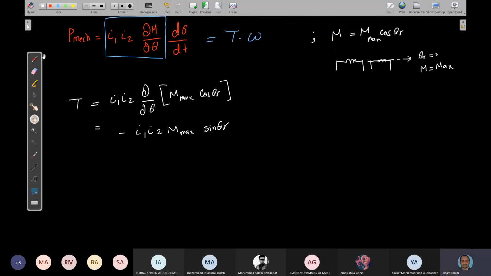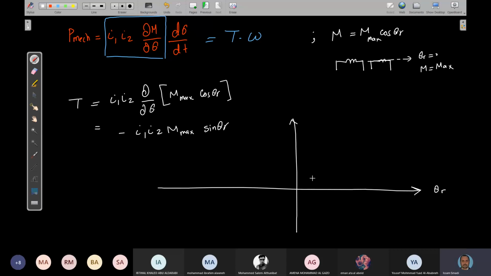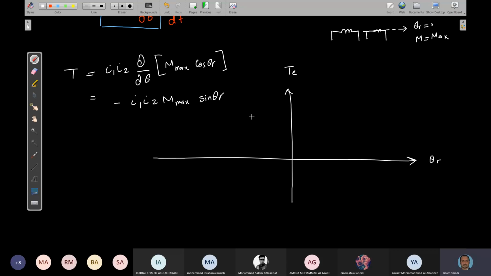If we plot the torque with respect to the rotor angle, this would be a scaled minus sine. So this is theta r, and this is the electromechanical torque. If I plot it, it will be a scaled sine.